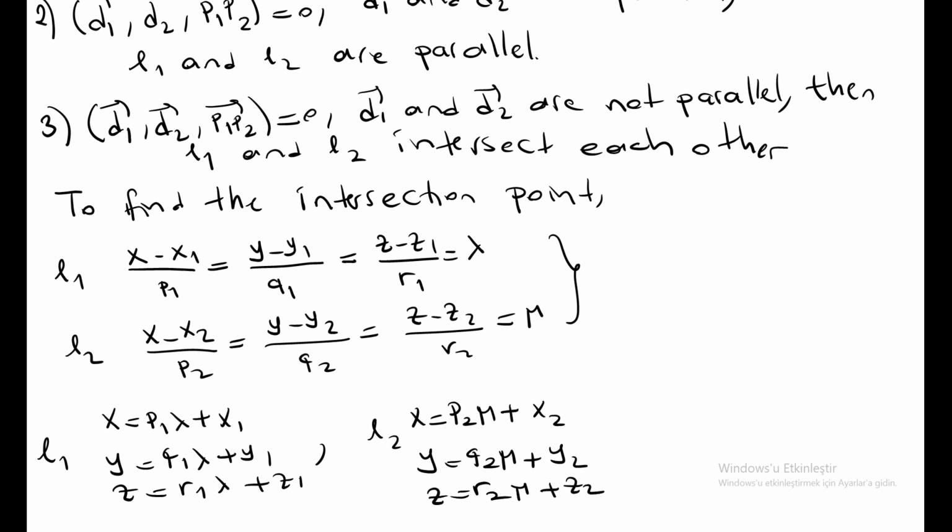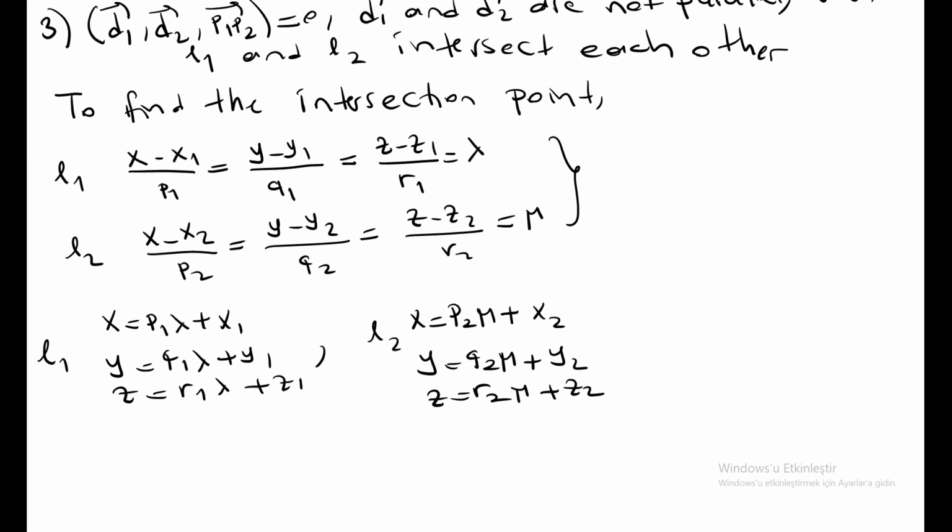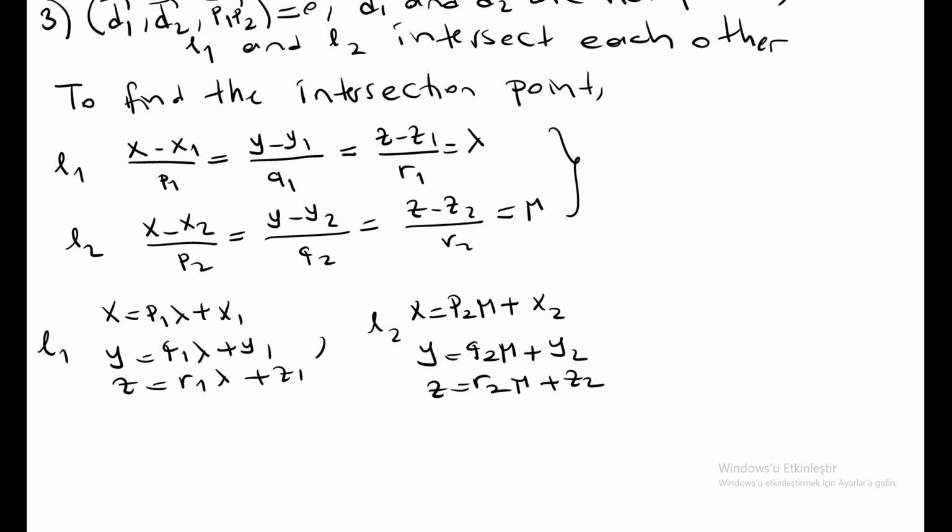So because we will solve these two equations together, then we have from these equations: p1 times lambda minus p2 times mu equals x2 minus x1.